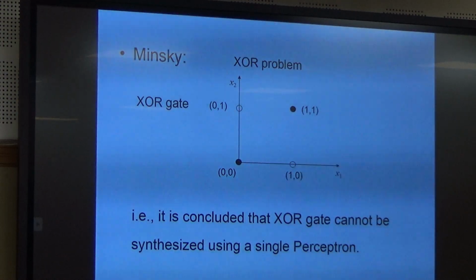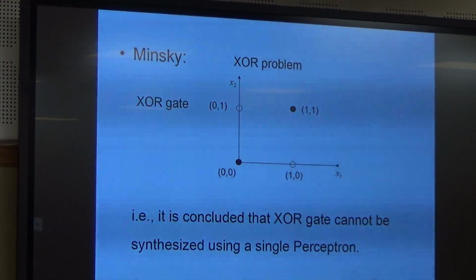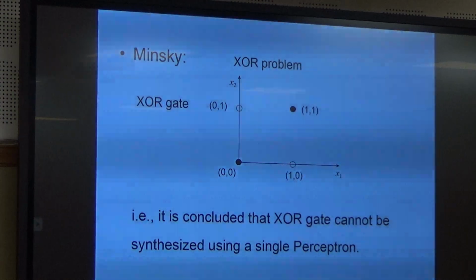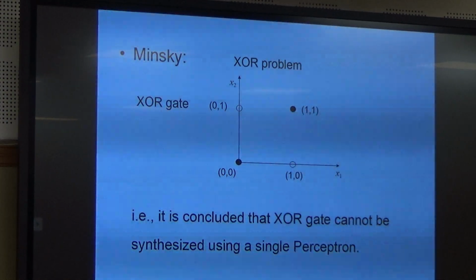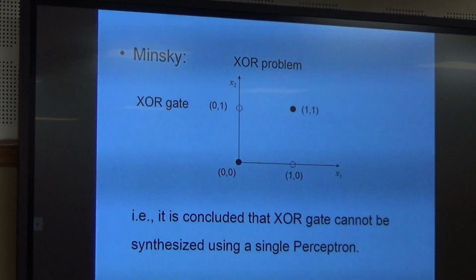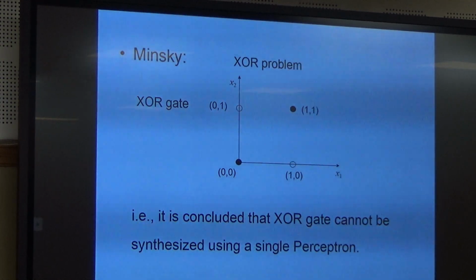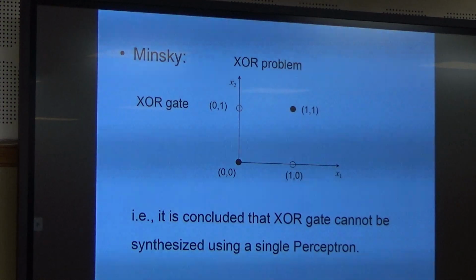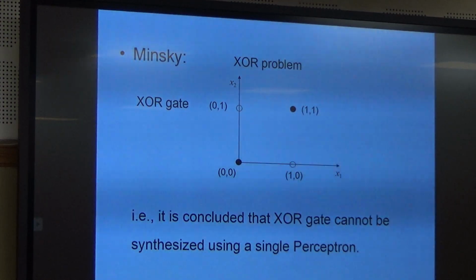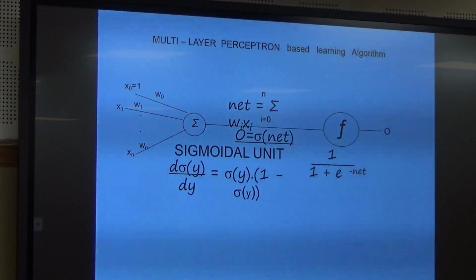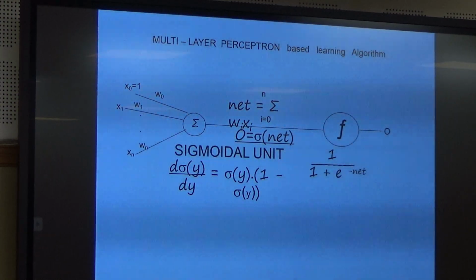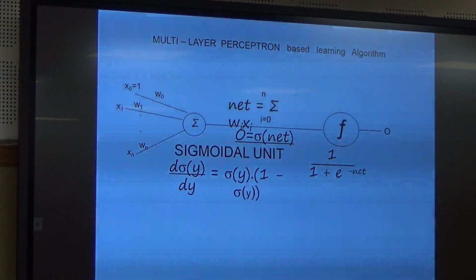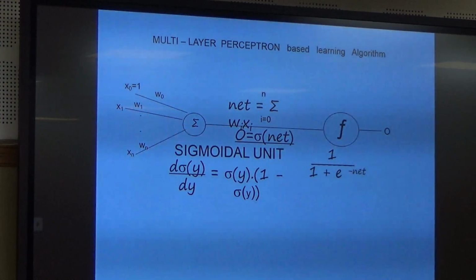So even though we have the logic gates for AND and OR, we cannot classify XOR by a linear neuron, or we cannot classify it as a perceptron. So this was the question being handled, and a lot of funding was stopped for research on neural networks.